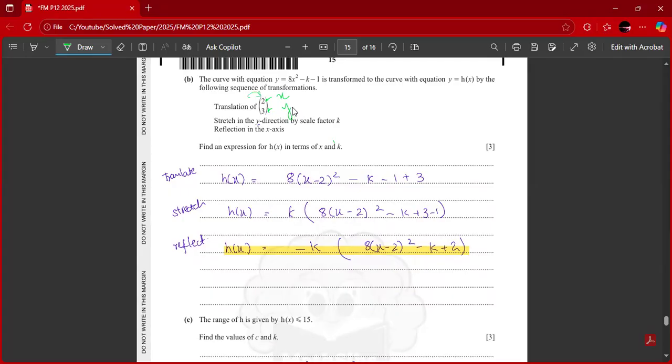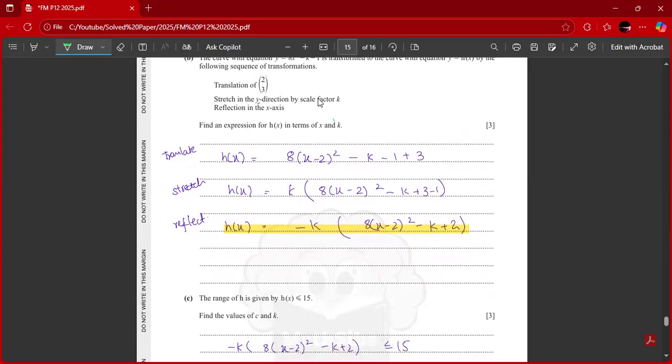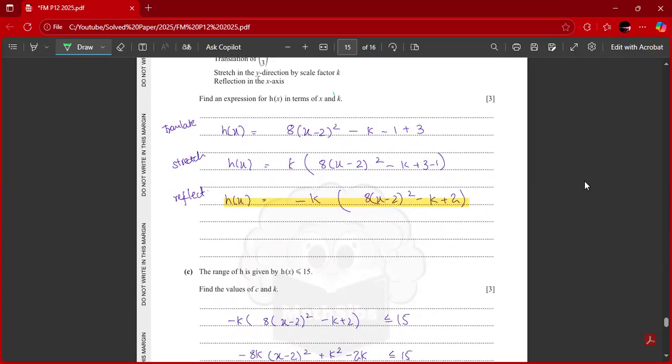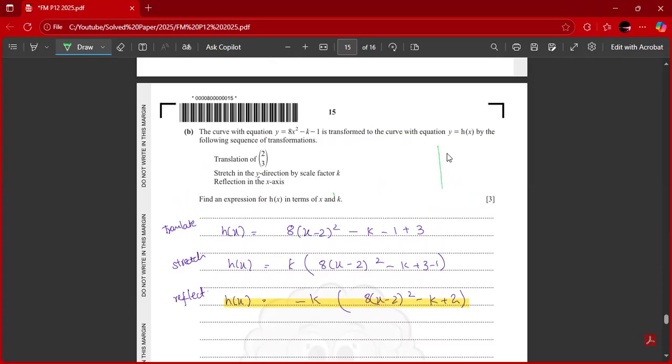Now we're going to stretch by a factor of k in the y direction. When it's the y direction, it means we are multiplying the factor with the whole equation, multiplying with k. Now we are supposed to reflect in the x-axis. Guys, see something. If I have a graph like this, and it's reflected in the x-axis, it would be like this.